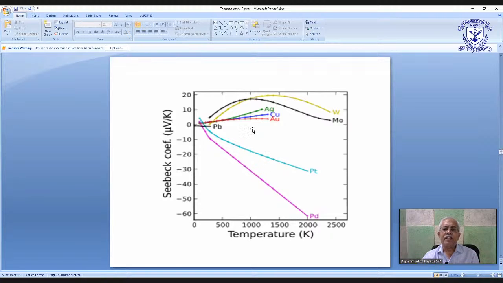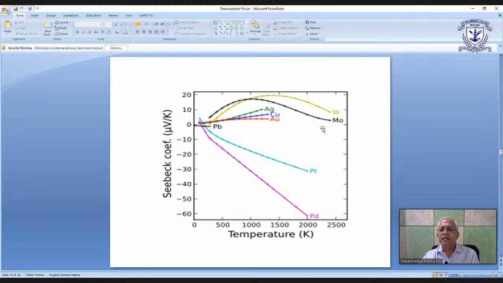So for all practical purposes, highly conducting metals have a positive Seebeck coefficient, and it is almost constant for gold. It increases with temperature a little bit for copper, and the increase for silver is a little more.